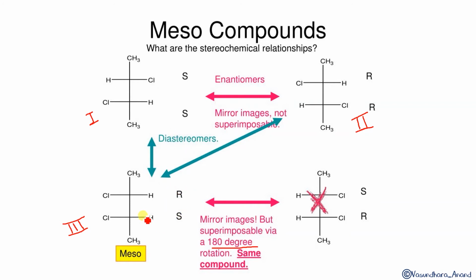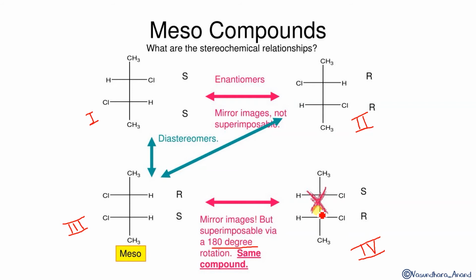Okay, and if I'm taking the mirror image of this, this is the mirror image I will get. So these two will be enantiomers, but we will not say this is the third compound and this is the fourth compound are the meso compound. We will not say that these two are the meso. Why? Because if we rotate it 180 degrees, we are getting the same compound.